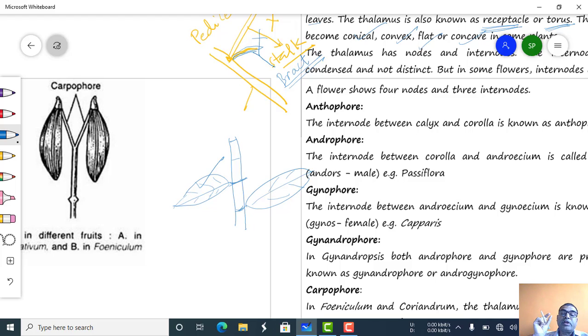The place where leaves originate is the place of node, and the distance between two nodes is represented by the internode. So, node region and internode region.